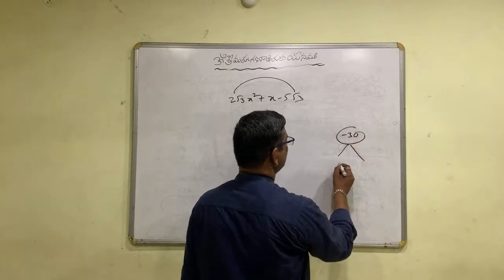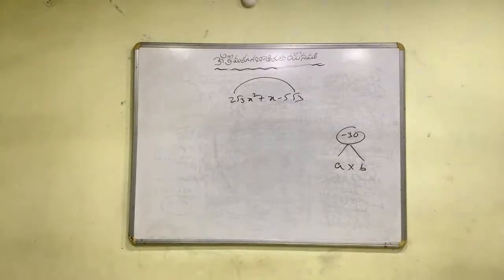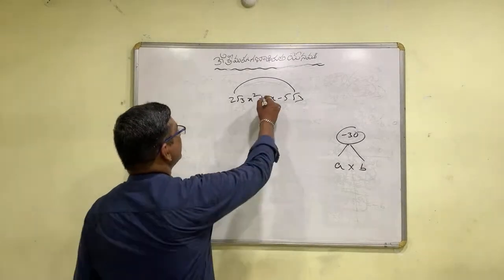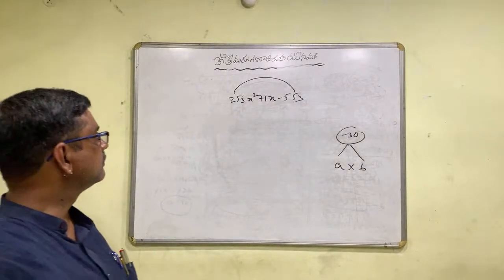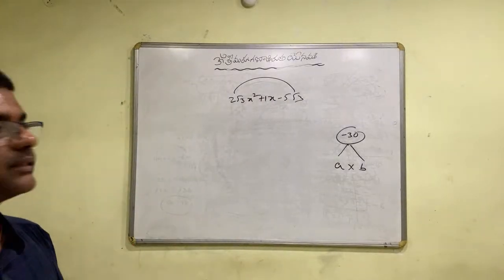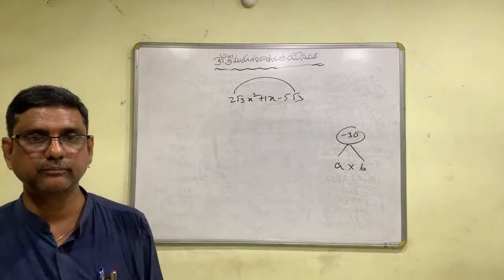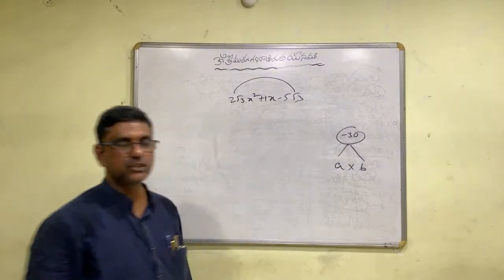We need to search for two numbers a and b. Their product is negative 30 and sum is positive 1. How to do this? Okay, children?